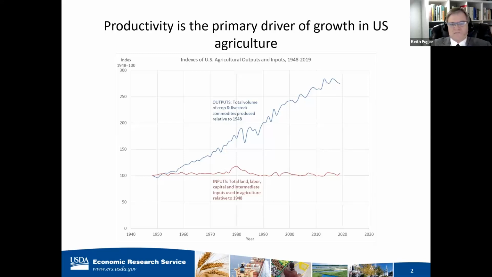But the total amount of inputs in red really hadn't changed at all. Now, there have certainly been changes in the composition of inputs, less labor, less land, more capital, and more intermediate inputs, and I'll come back to that later. But if you aggregate that all up, we see that there's been this tremendous growth in efficiency and productivity.